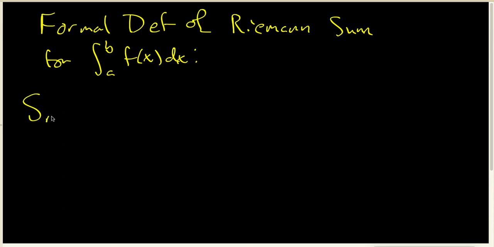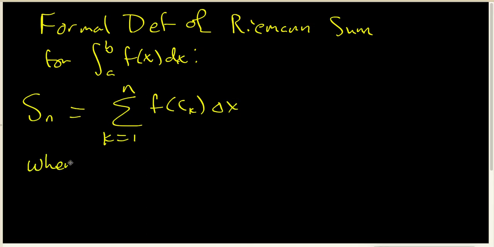The Riemann sum is going to be called S_n. It's going to be given by the summation as k goes from 1 to n of f of c_k times delta x, where, first of all, delta x is simply b minus a divided by n.